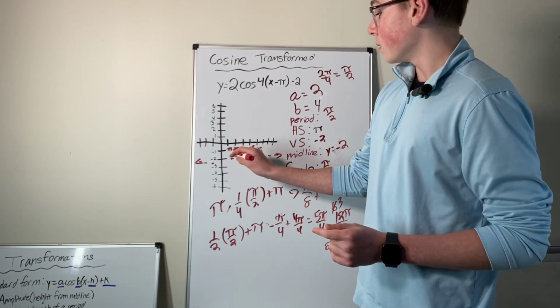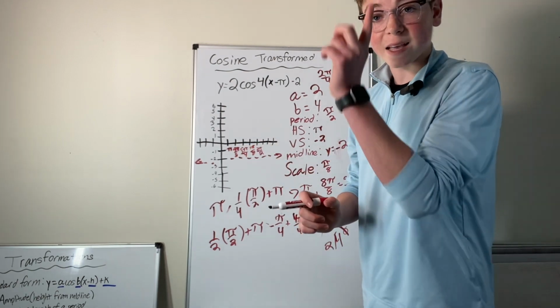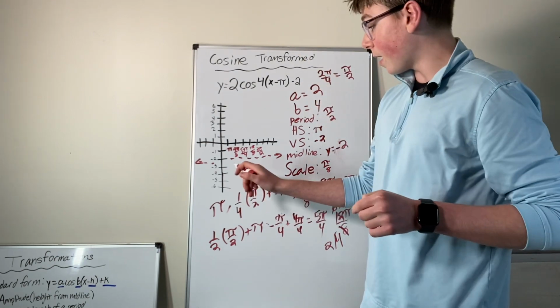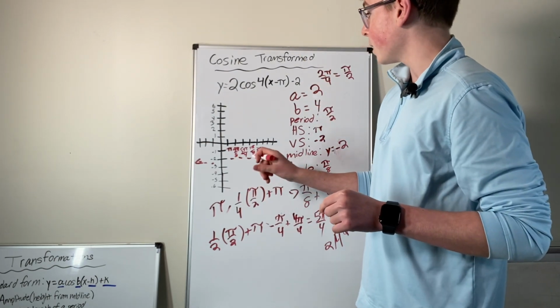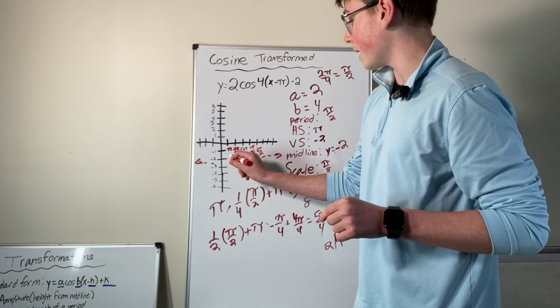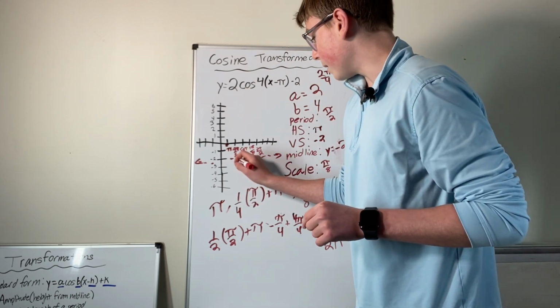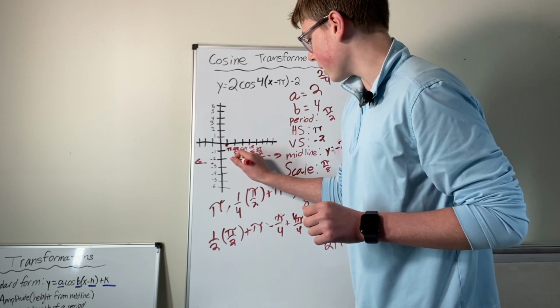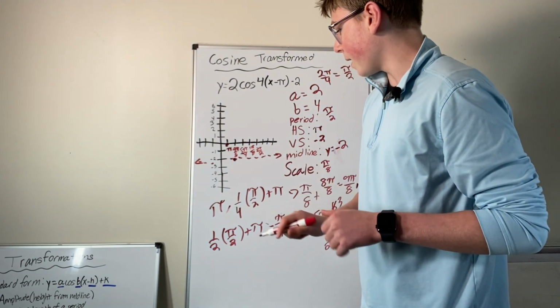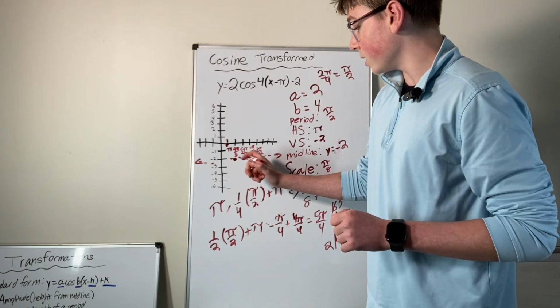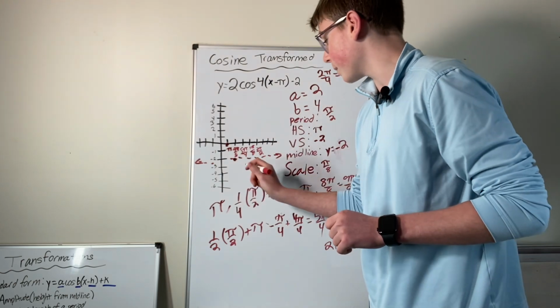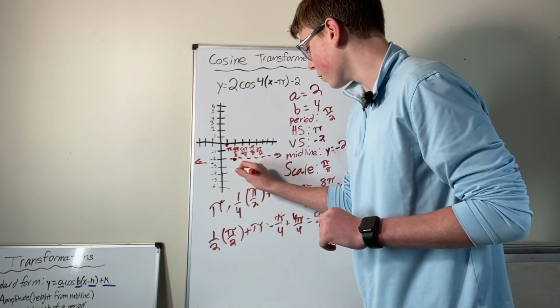So at pi, we start at the maximum, the highest point from the midline. The amplitude is 2, and we're at -2, so we go up 2 to 0. Then at 9 pi over 8, our next point, we go down to the midline. At 5 pi over 4, we keep going down, down 2 because that's our amplitude, so we go down to -4.